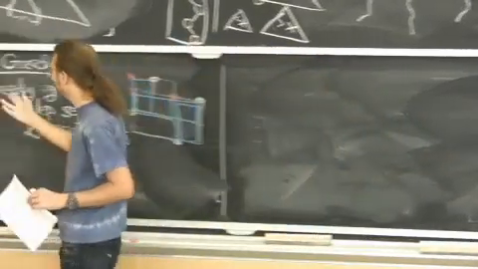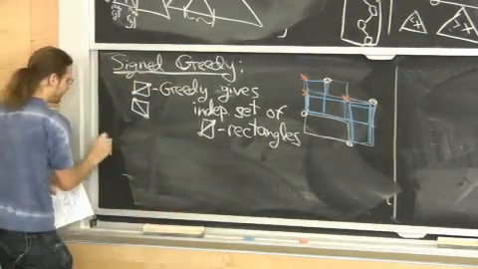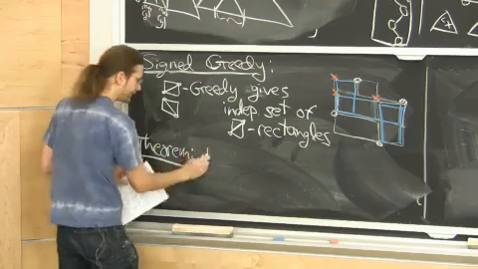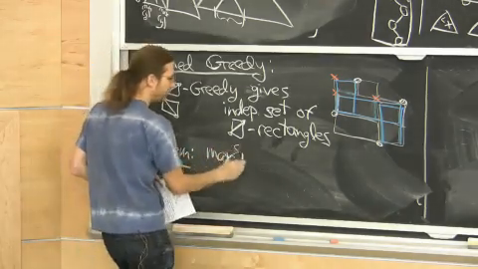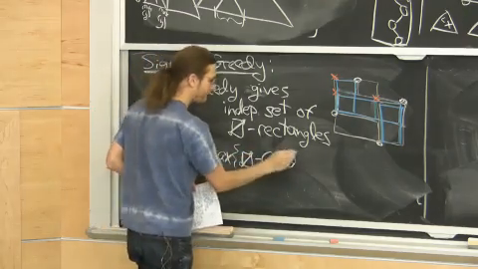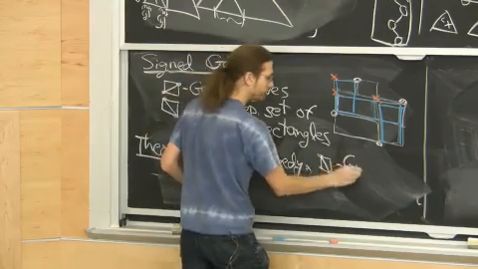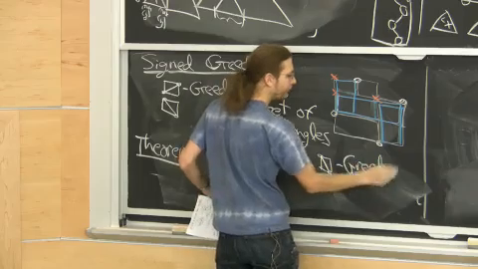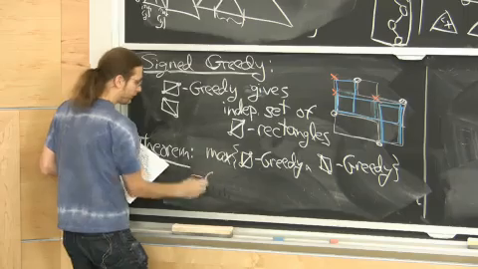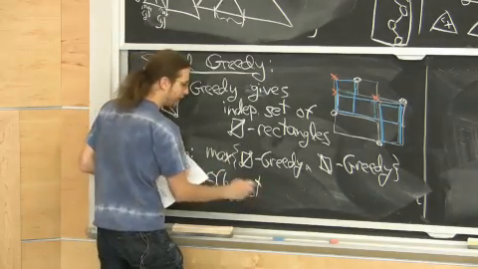Okay, it by itself might not be great, but you have to consider both of them. So the theorem is, if I take the max of plus greedy and minus greedy, each of them is a lower bound, so the max is a lower bound on optimal, then this is within a constant factor of the biggest possible independent rectangle lower bound.